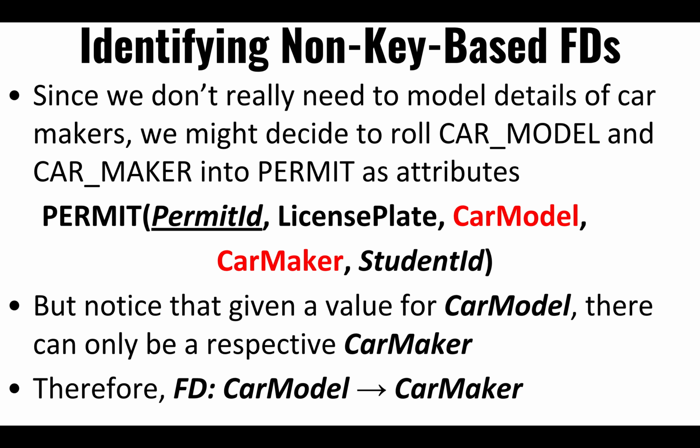If you know the car model, that immediately implies who the car maker is, right? If I know it's a Corolla, it has to be a Toyota. And now that we know that we have this functional dependency, we need to weigh our options. It says, oh, maybe this was a bad choice. We might decide that the bad choice is a low risk, right? That maybe we can deal with this at the application level, and we have drop-downs, and the user interface can deal with this.